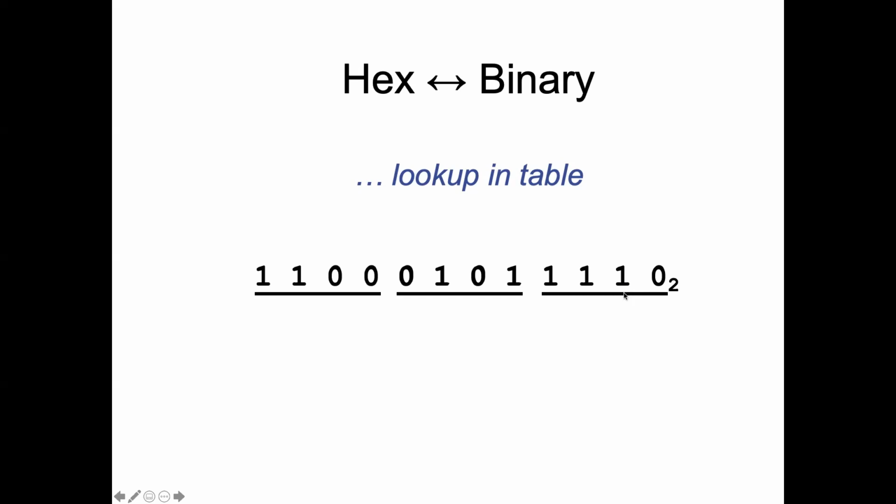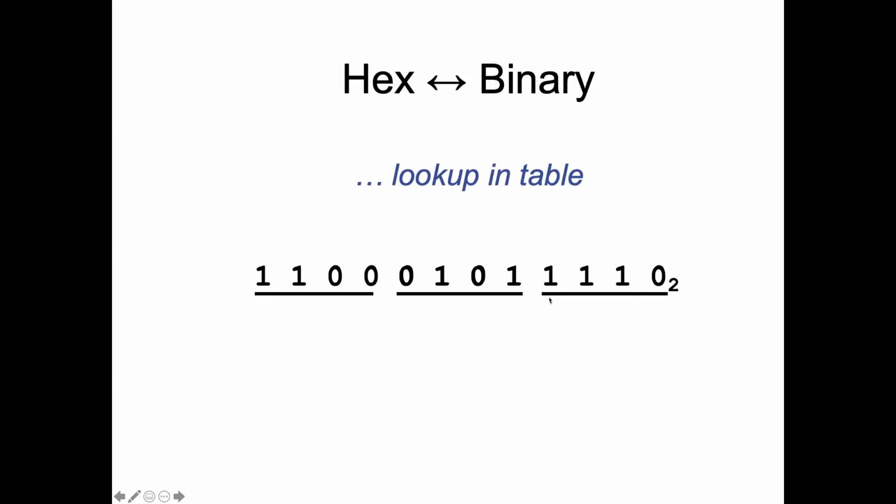If you had bits written down that weren't a multiple of 4, you can always start from the low order bits: the 4 lowest order bits are my low order hex digit, the next 4 bits are my next hex digit, and the next 4 bits are the next hex digit. The reason I'm making a big deal out of this is, let's say this bit was a 0 instead of a 1, and someone didn't bother to write it down. If you started from here, you'd have some leftover bits at the end.